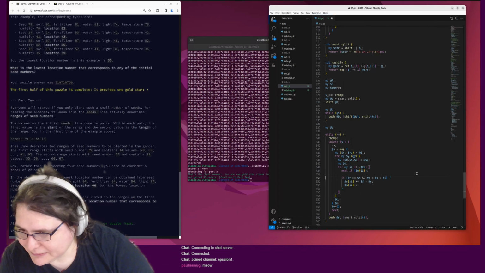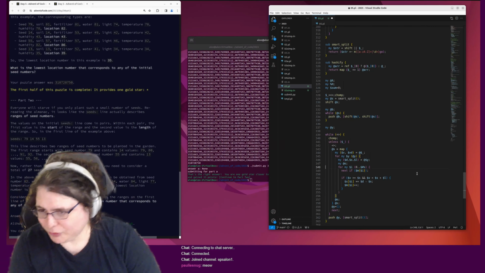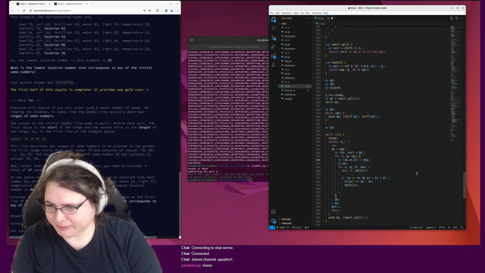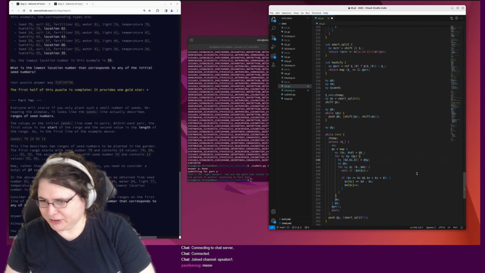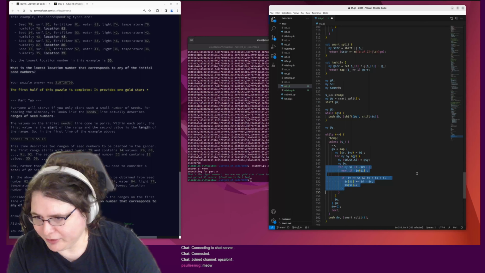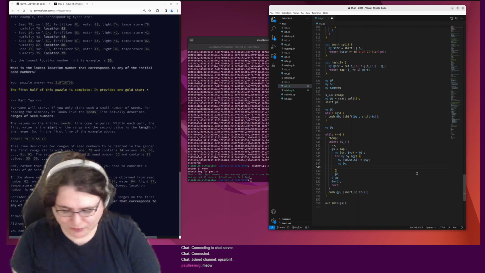Okay, now for y of the y's, I'm going to do destination source. Right now I need to do the intersection, and that goes as follows.